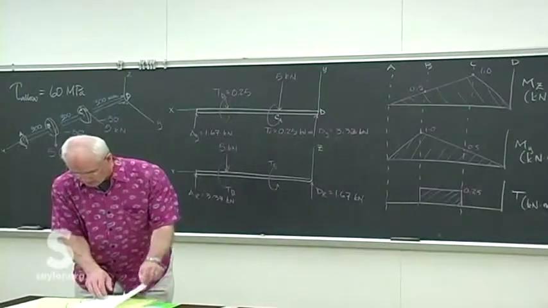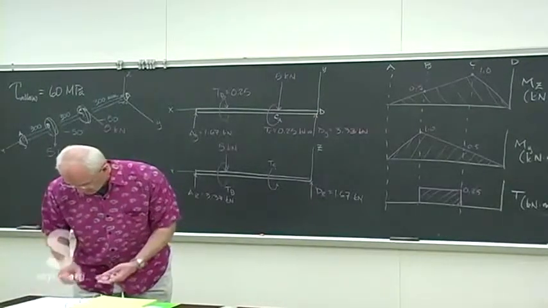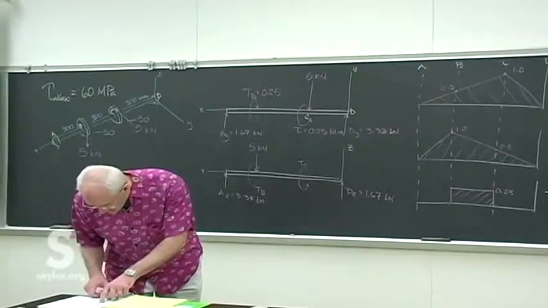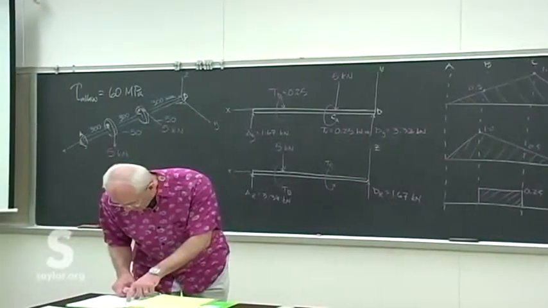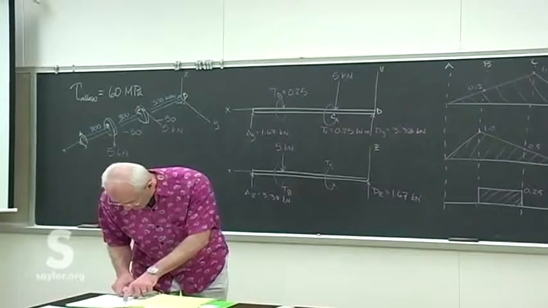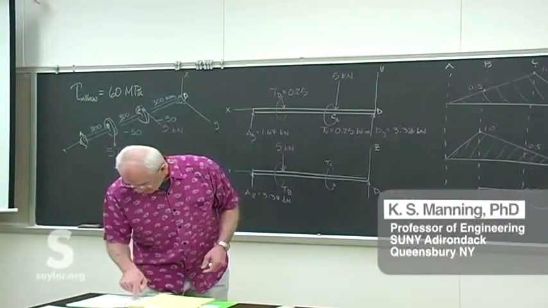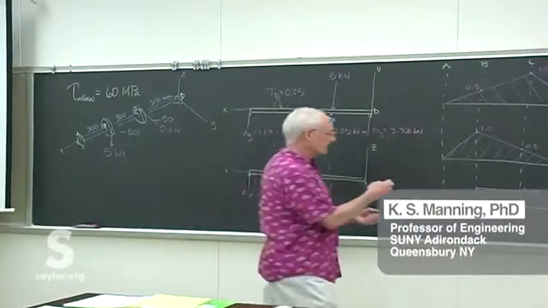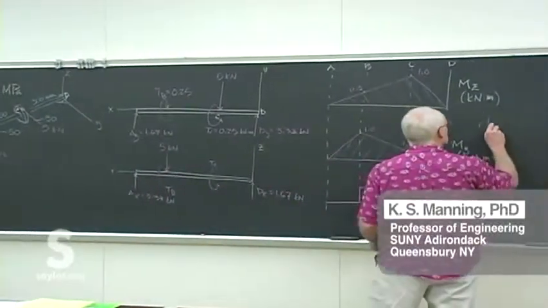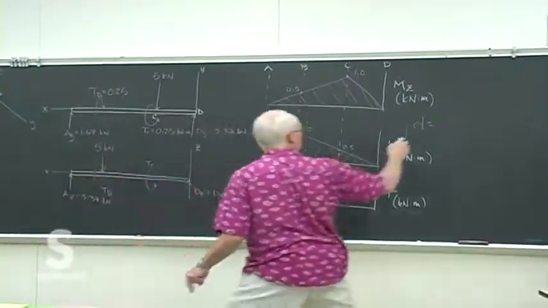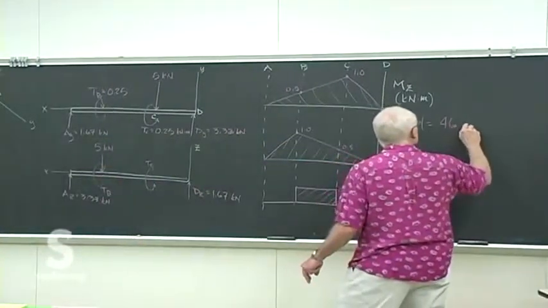And so then you can finish that bit. And you should get a diameter, then we're right at the end. Diameter of, and you round it up to the nearest millimeter probably, 46 millimeters.